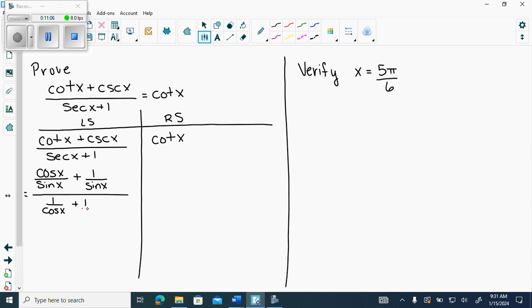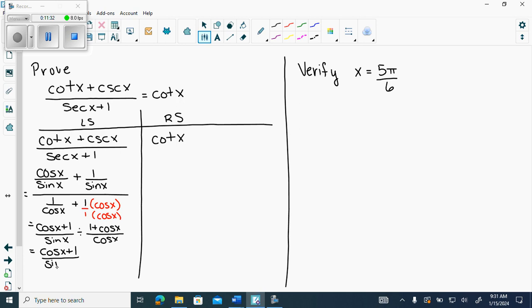This one, you have to get a common denominator. Top already has one. So we get cos x plus 1 all over sine x divided by 1 plus cos x over cos x. Then we invert and multiply.